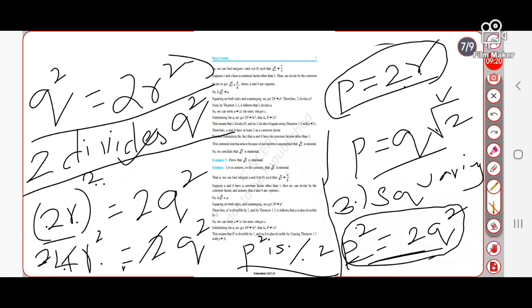Yeah, Q square, so also Q. See, if Q square is divisible by 2, then Q is also divisible by 2.